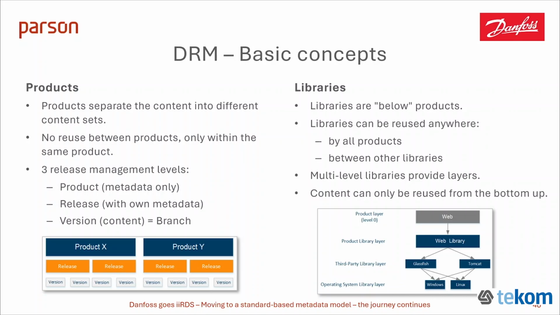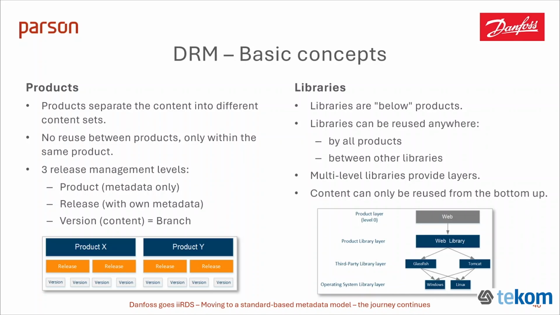And mistakes will happen. We made this experience in our last CCMS where we made reuse across all the products, and it was kind of a mess. And you can see here on the product level we have metadata only for the release management.